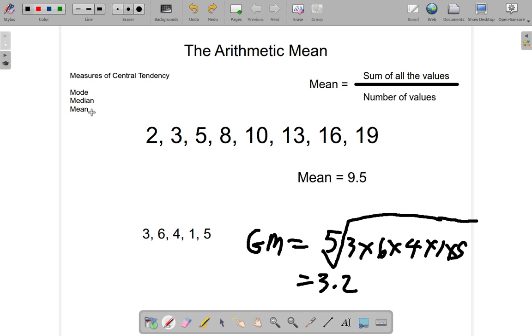The mean, median, and mode are sometimes referred to as statistical averages, right? The mean, this is not the only mean that there is. The sum of all the values over the number of values. You have another type of mean. So that's why you will see some books and websites refer to the arithmetic mean. Alright, we'll continue discussing the mean in a later video, so I will see you then.